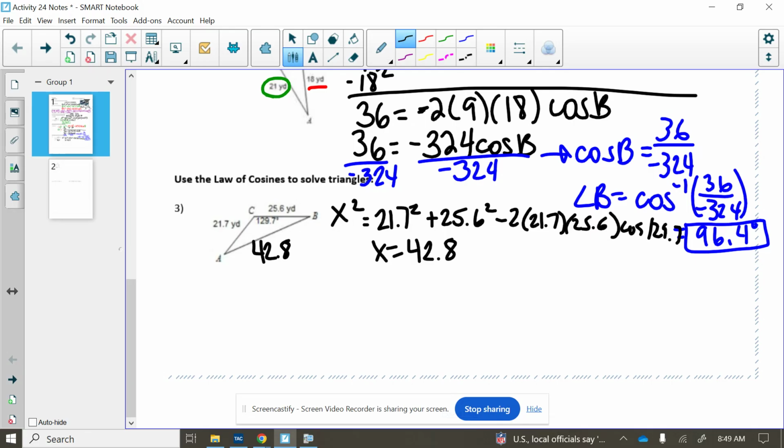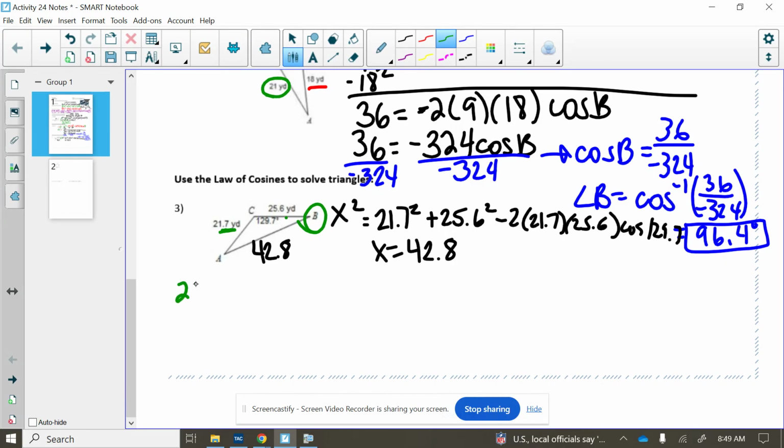Now next we are going to decide, okay, we can either find angle A or angle B next. I usually like to find the smaller angle first. So I'm going to find angle B. How do I know it's the smaller of the two? Because it's across from the smaller number. 21.7 is smaller than 42.8 or 25.6. So to find angle B, I need to use the side across from it.